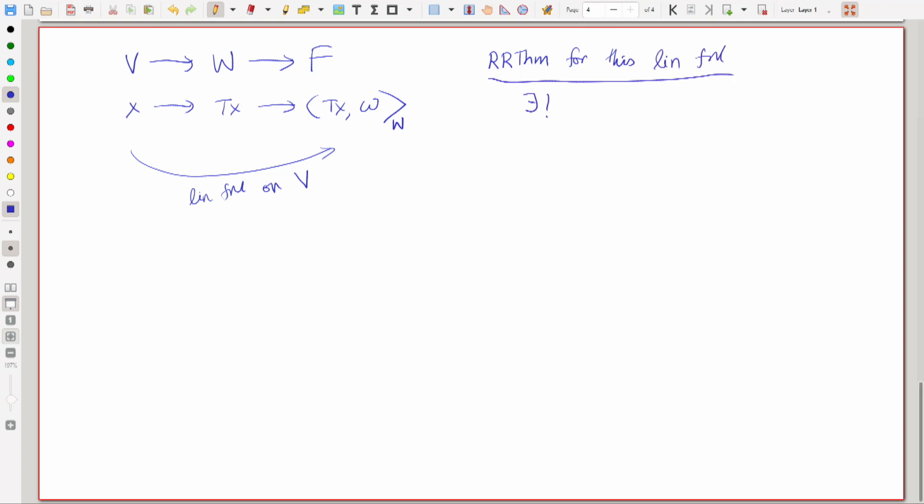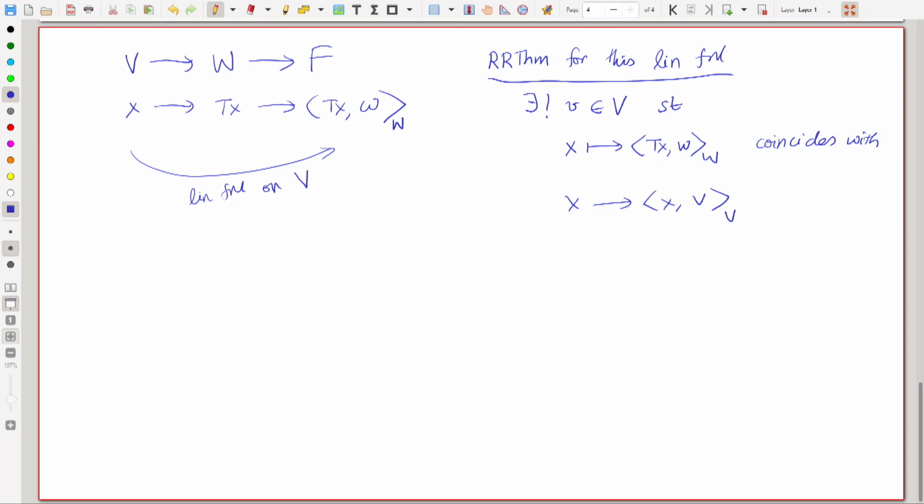It therefore tells me there exists a unique vector, what shall we call it, v in V, such that this linear functional x going to Tx comma w coincides with the linear functional x going to x comma v.